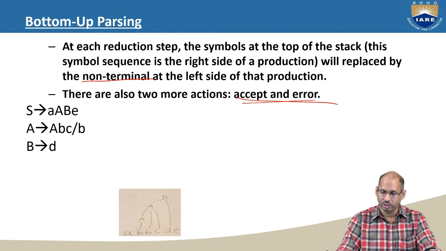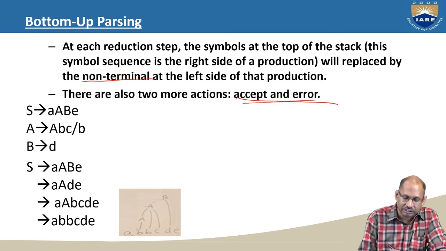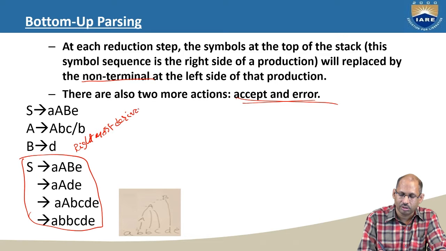S gives AABE, A gives ABC or B, then B gives D. We are considering a simple grammar. If we consider the rightmost derivation, what is the rightmost?